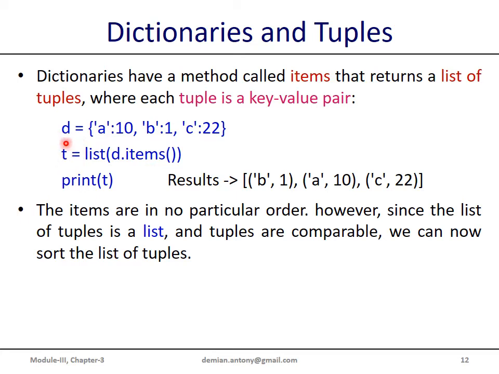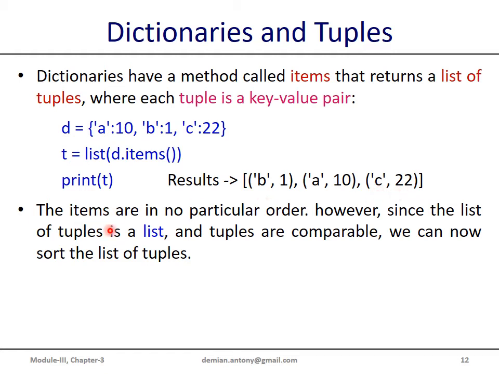Now we have t, a list containing elements which are tuples, and each tuple has a key value pair of the dictionary. The result of t is a list whose first element is a tuple, the second element is a second tuple, and the third a third tuple, each a key followed by a value.